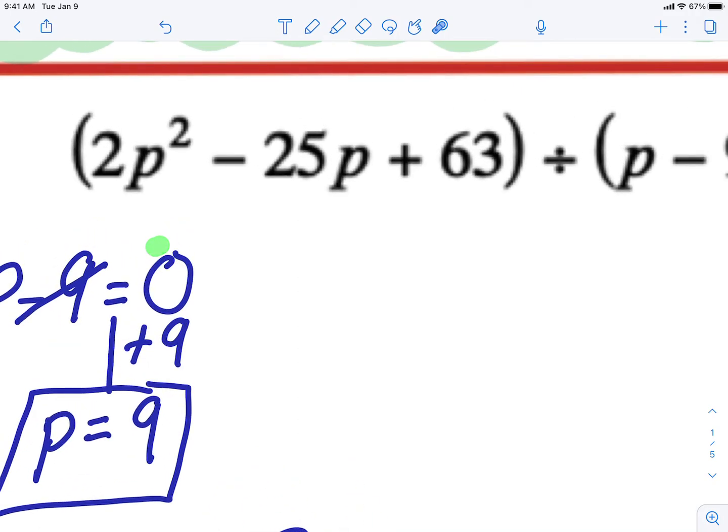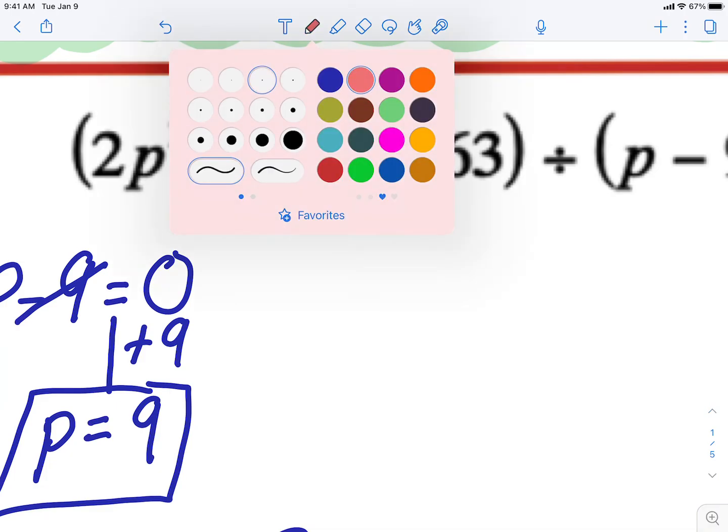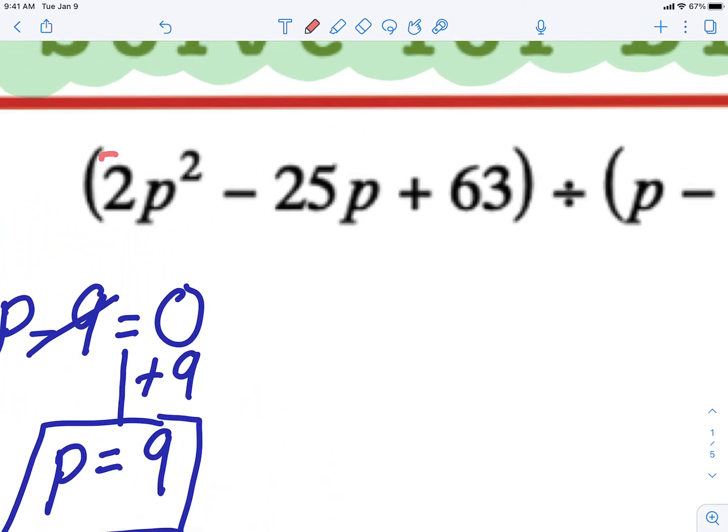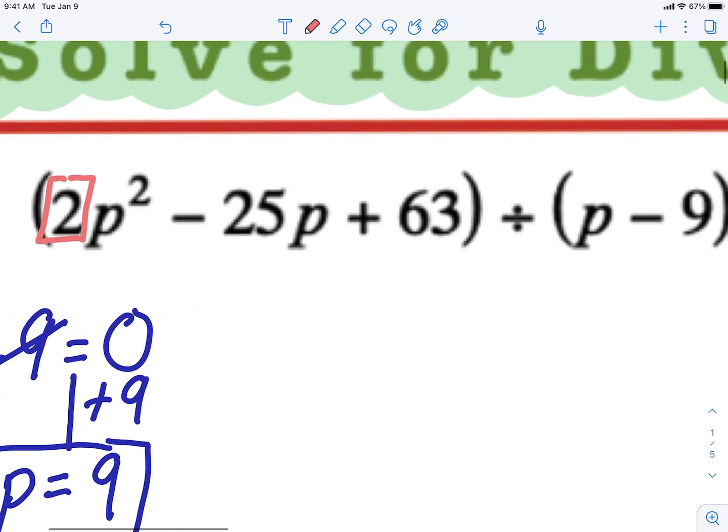I'm going to start with p to the power of 2 here. What number is in front of p to the power of 2? It's 2. So the number in front of p to the power of 2 is 2. Now I'm going to take a look at p to the power of 1. What number is in front of p to the power of 1?